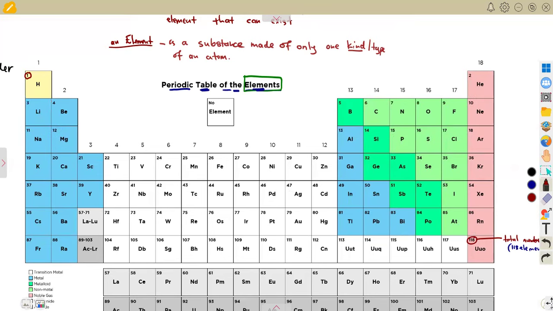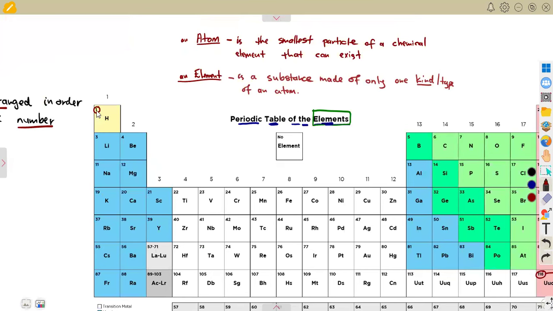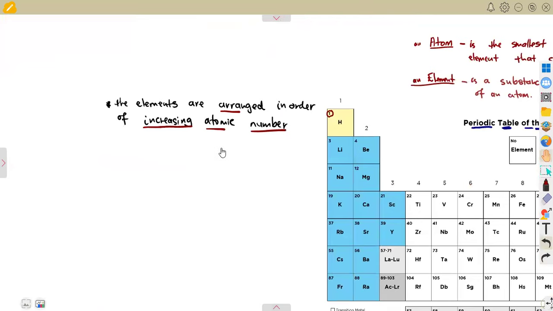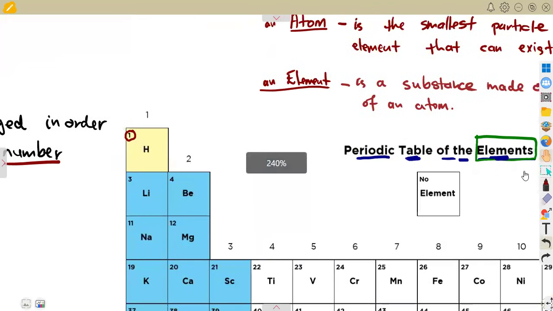Like I said, the first one has the least atomic number because it's in the order of increasing size. The one that has atomic number 1 is hydrogen. Remember, this is the atomic number.